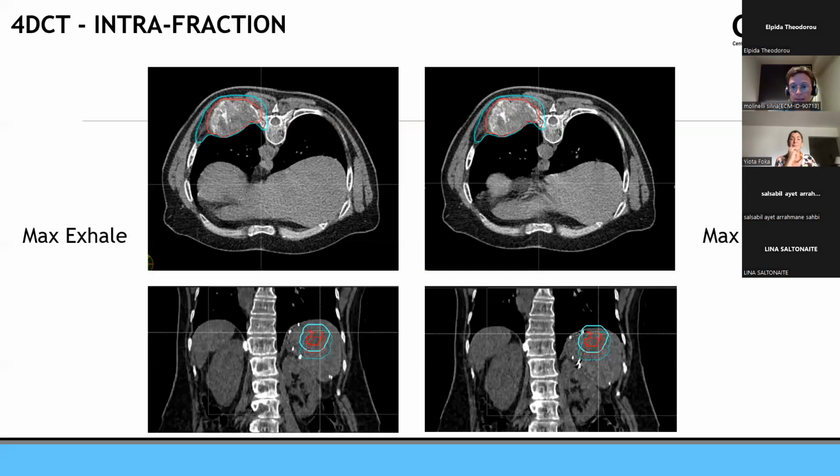We do a 4DCT of the patient, and then we have everything. Every time there's a doubt, we have the maximum exhale and maximum inhale phases contoured. This case apparently is not a case that requires gating, because of course there is density change where you have the liver, but the beams will be from here and from here, while this case definitely needs gating.